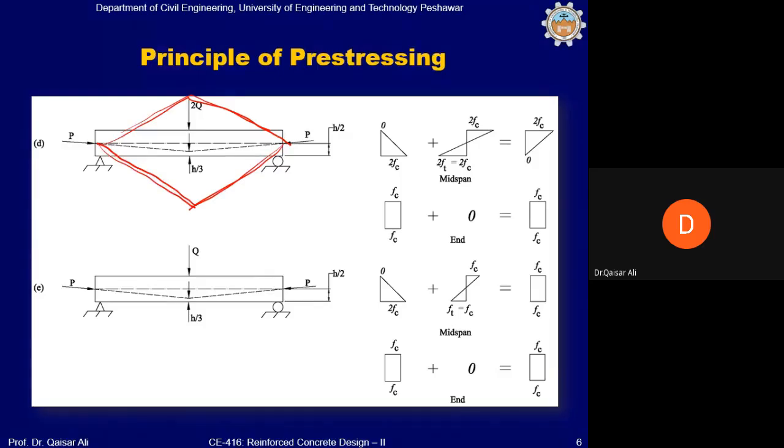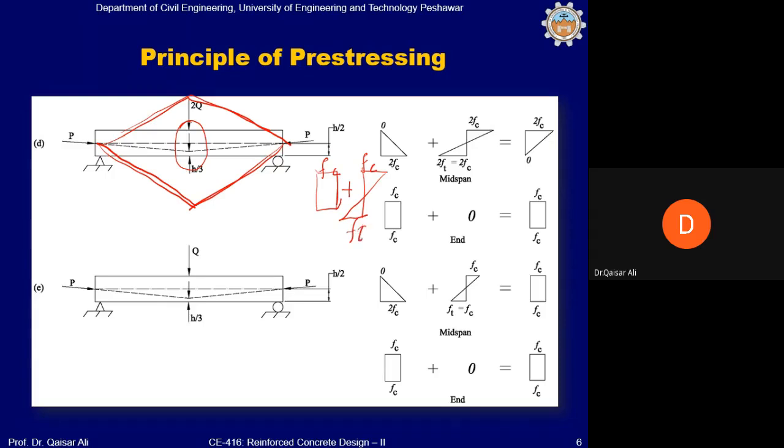At the midspan, when force P is applied, this will produce P by A stress at this location, plus tensile stresses in the upper part and compressive stresses in the lower part. This will be Fc, this is also Fc, and this is Ft.